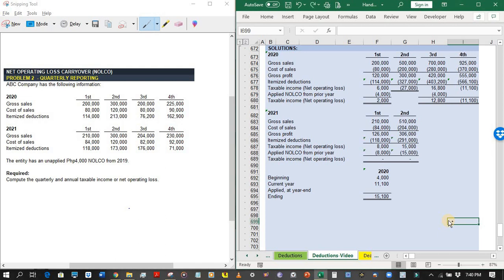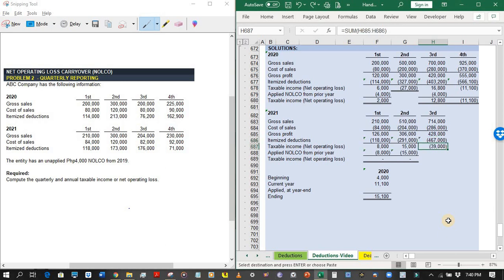So for the third quarter, our gross sales is 714,000 pesos. And again, this covers the first 9 months of 2021 because this is cumulative. So the cost of sales for the 9-month period is 286,000 pesos. So the gross profit is 428,000 pesos. So we have an itemized deduction of 467,000 pesos.